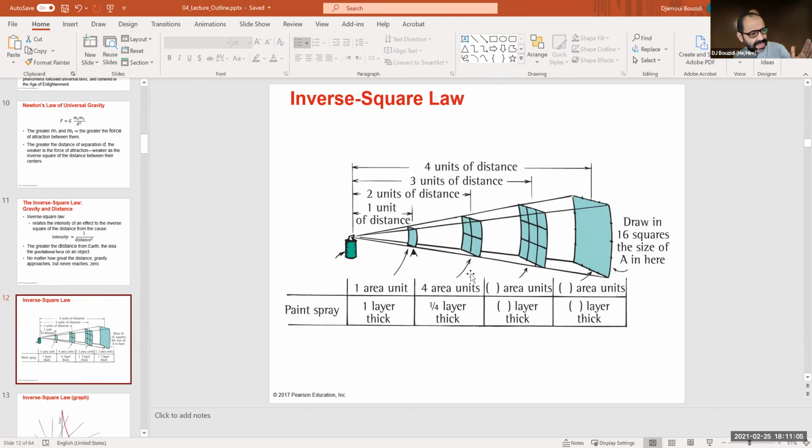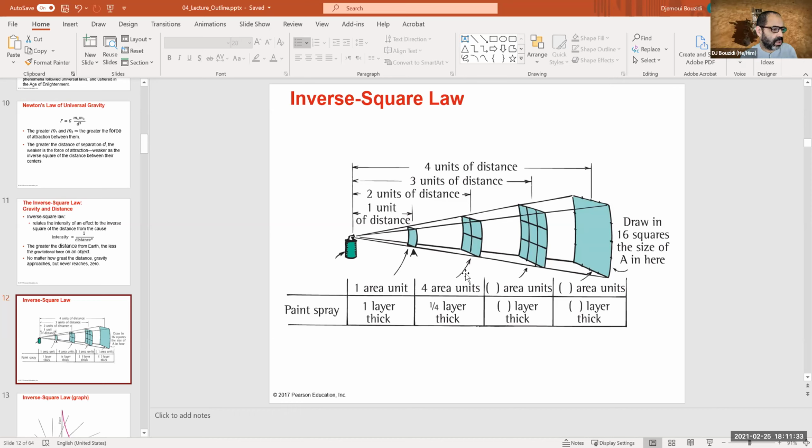But if you move away from it, that drops like 1 over distance squared. This is one of the most amazing things. It's not a coincidence, because we're living in this three-dimensional universe, and as light moves outward, it spreads throughout bigger space. If you move very far away from the candle, you're not going to see the light at all, because the light is spread over bigger and bigger surfaces.